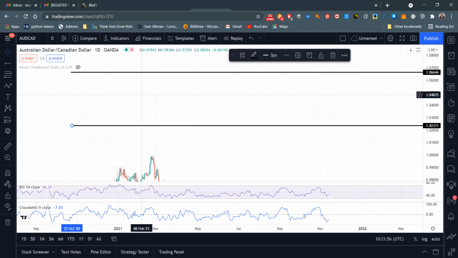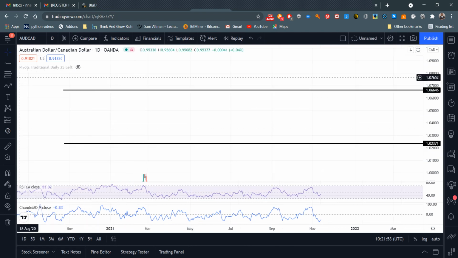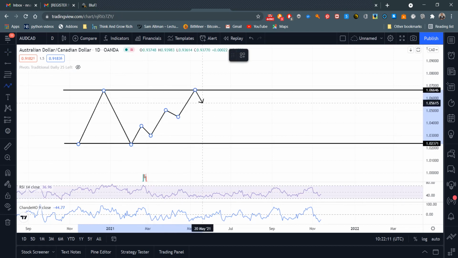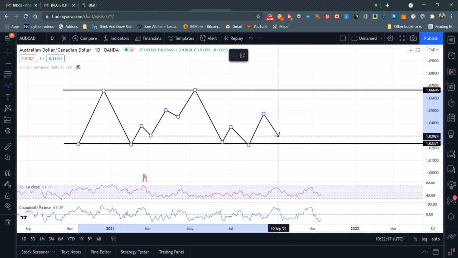Now, if price is trading within this range, ideally, in an ideal world, price will continue to bounce around: bounce down from resistance, bounce up from support. When it gets to resistance, it should reject it, and when it gets to support, it should reject that as well. The whole idea is that resistance and support in a perfect world would hold indefinitely. Now, we know that that is not true.